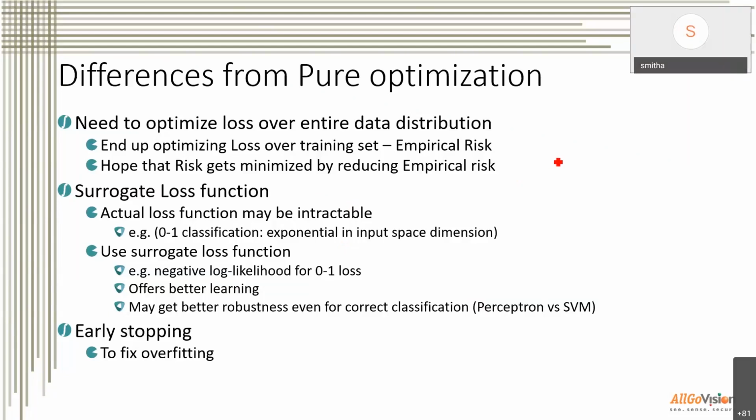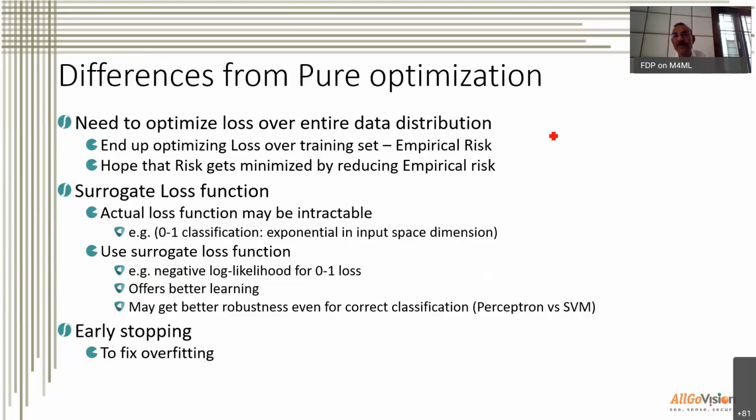Whereas what we wanted to actually minimize was the actual risk, which was the difference from, let's say, the green curve, how much the green curve is away from the red curve. If you recall, that is what we wanted.